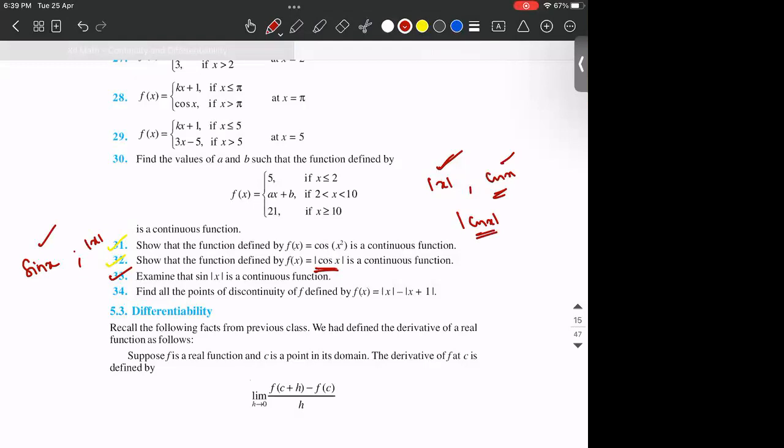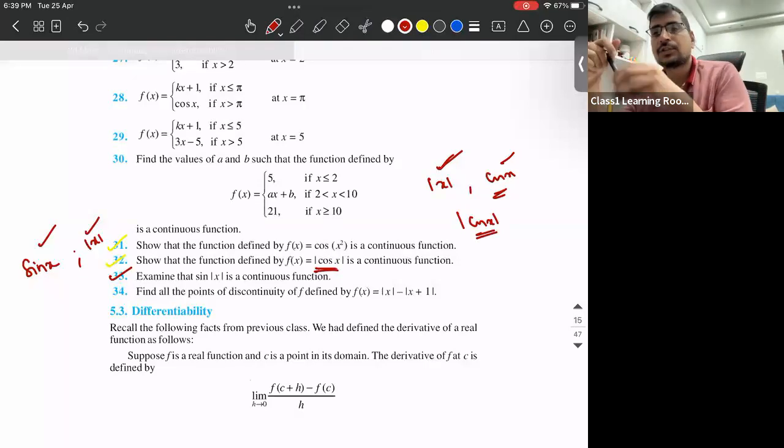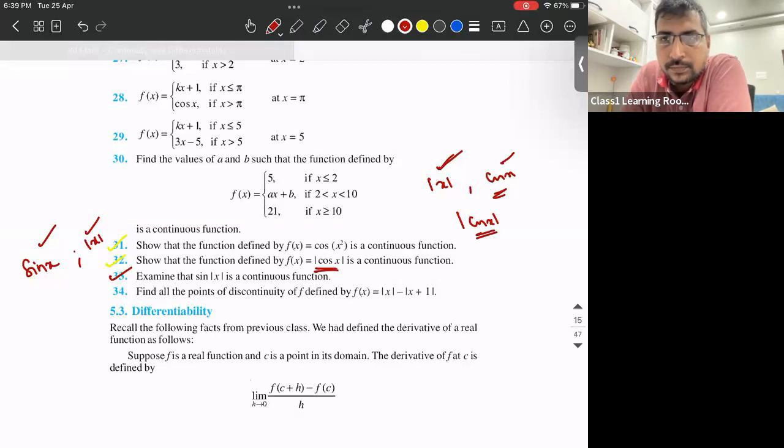Yes, sir. Mod x is a continuous one. Sine of mod x will also be a continuous function. That's it. So this is how you use theorem number 2. Clear? So I hope it is simple, right?